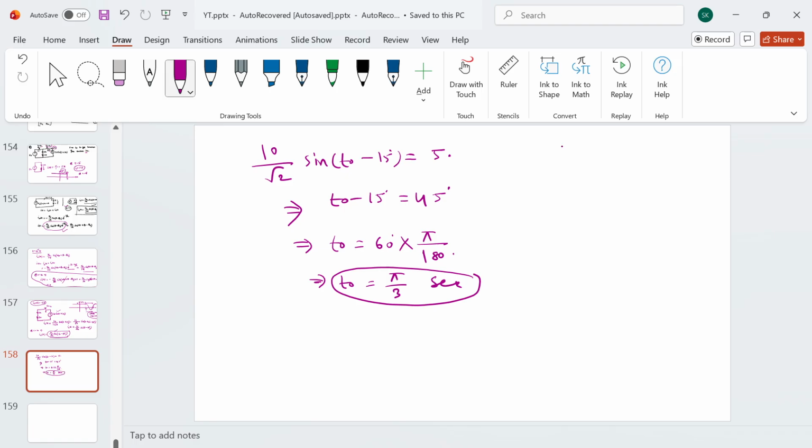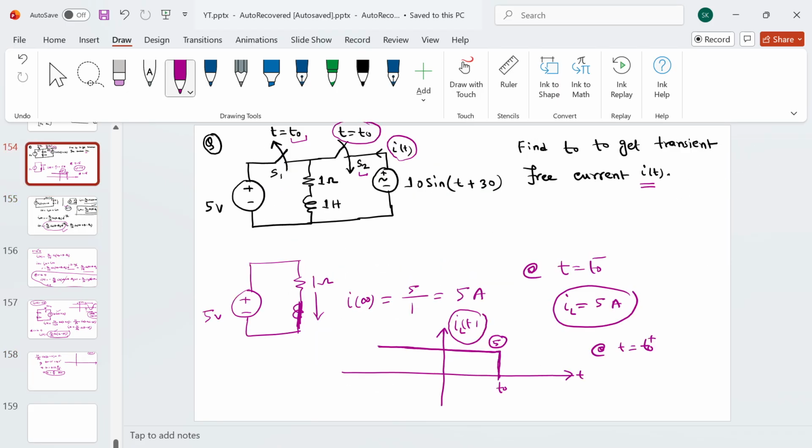So that means if I draw here, let's say this is my pi by 3 seconds. Maybe I can draw the voltage equations and current equations, then it will be much more clear to you what is happening. So this is my t, and here omega is equal to 1, because if you see the equation, omega is equal to 1 in the voltage source.